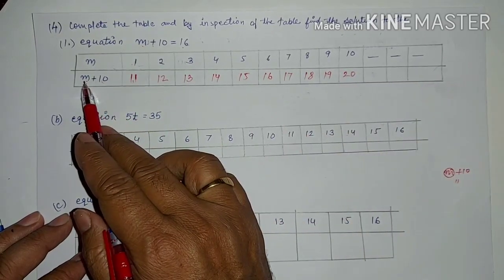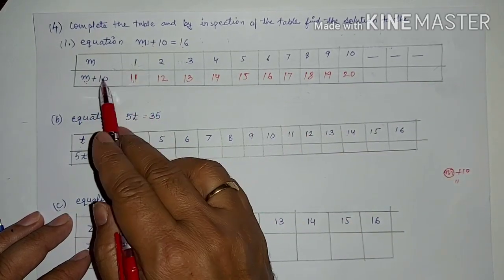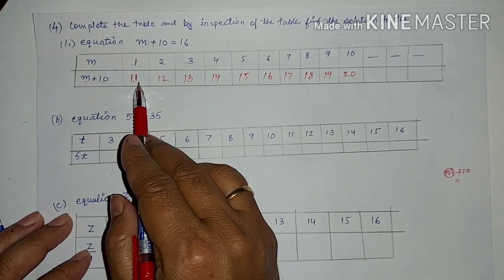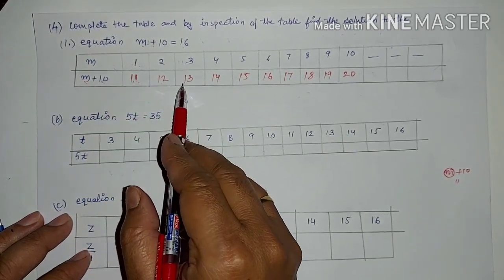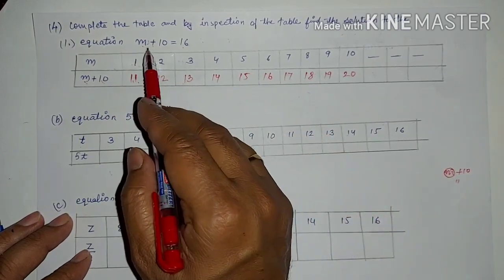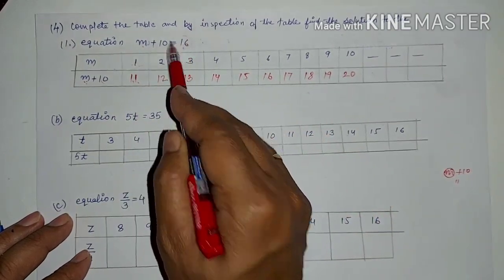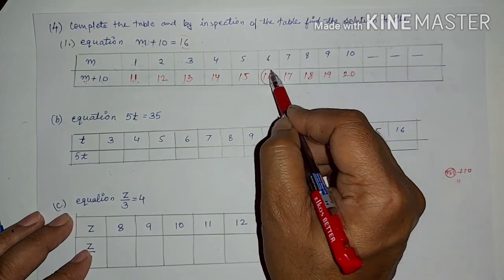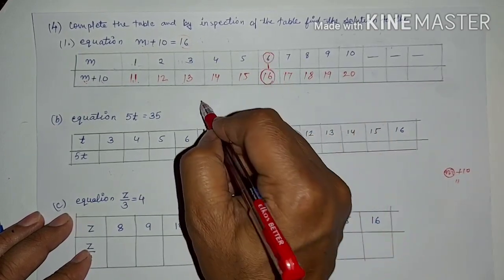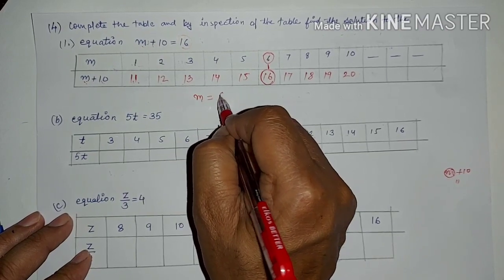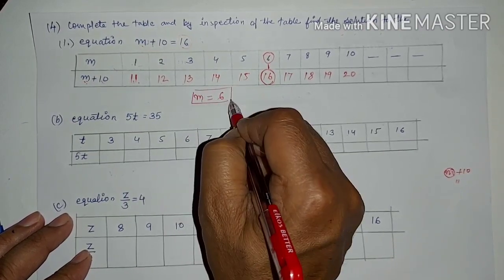Because the value of m you put 1, so 10 plus 1 is 11, 10 plus 2 is 12, 10 plus 3 is 13. You continue and you find the solution. There is the 16, and for 16 the value is 6. It means m is equal to 6.